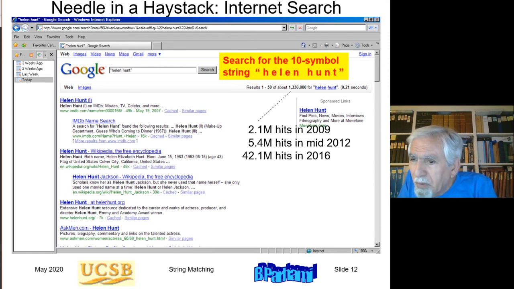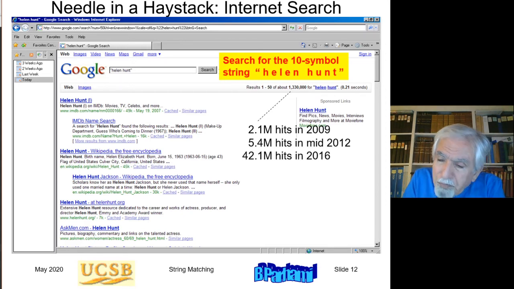In 2012, there were 5.4 million hits. And in 2016, 4 years ago, there were 42.1 million hits. That means new pages were created during that period that have information, or at least the name Helen Hunt is mentioned in them.